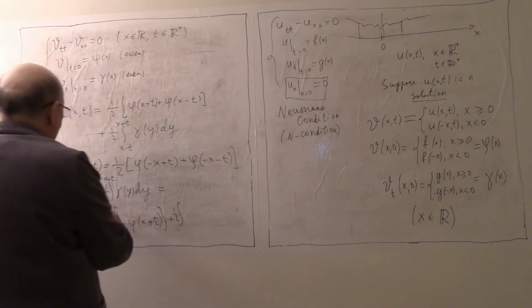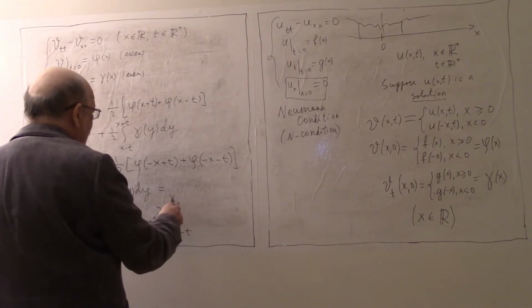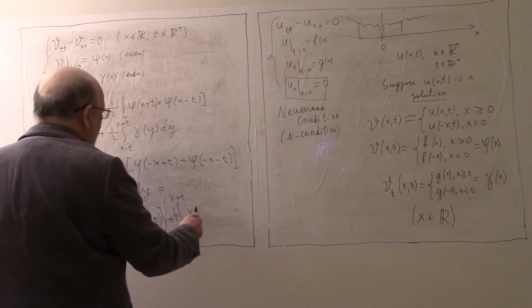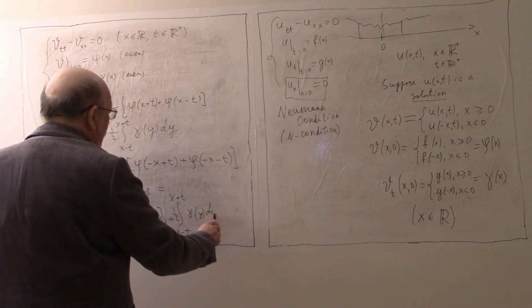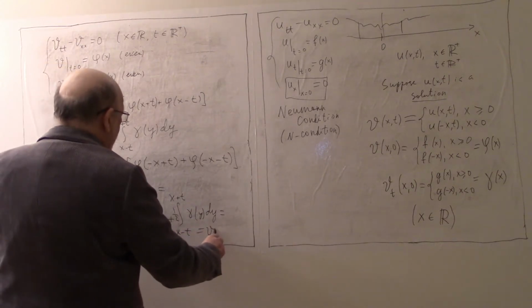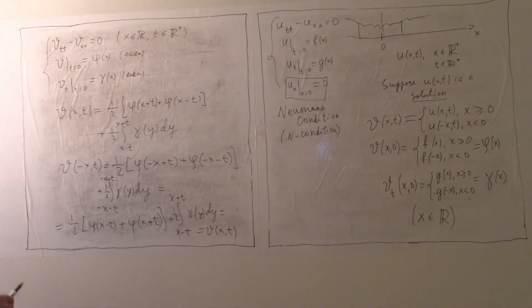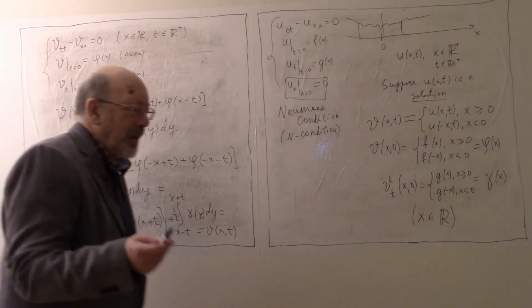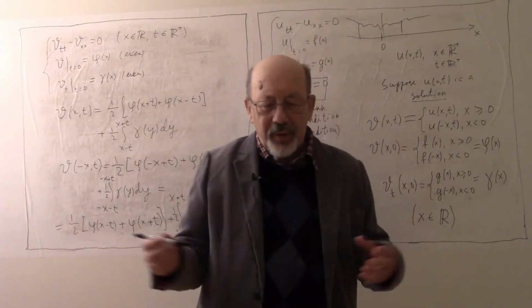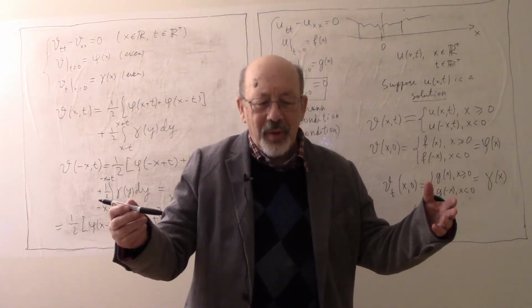So it is integral from x minus t to x plus t gamma of y dy, which is v of x,t. So these even functions in place of initial conditions result in an even solution.